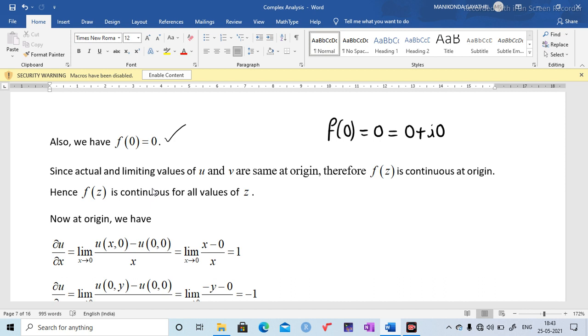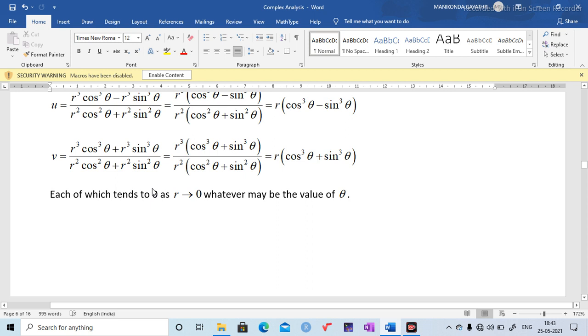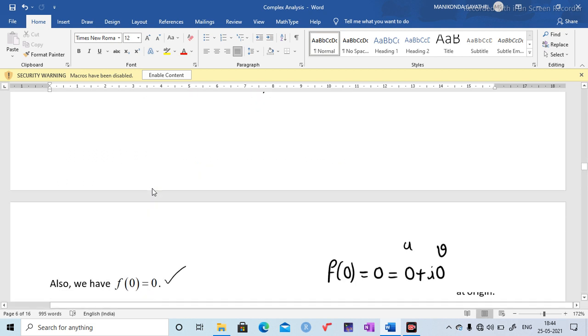So this is u value, this is v value. Observe, these two are actual values of u and v when z equal to 0. Here also what I explained, whenever r tends to 0, u and v both tend to 0. That means these are limiting values.